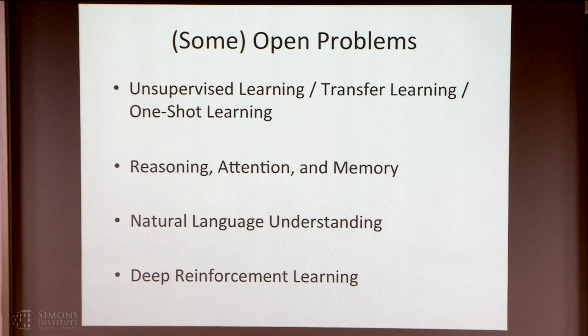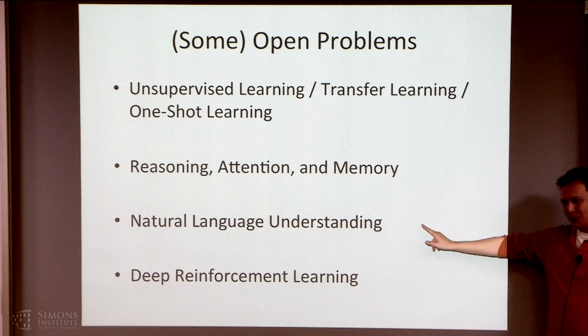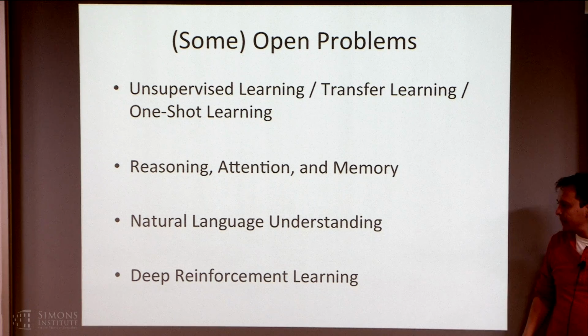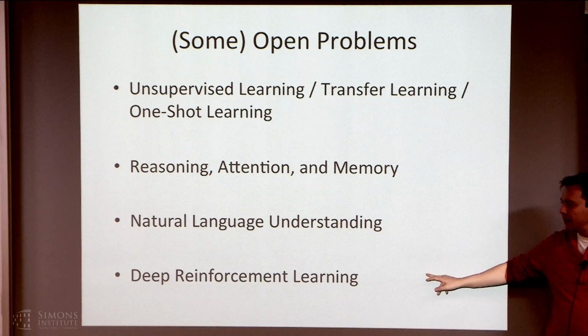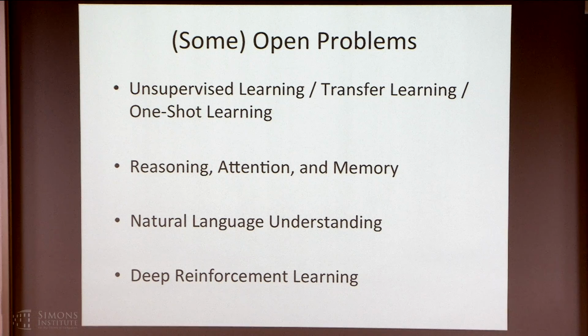Language understanding is another big area. I think that's actually one of the most interesting ones to crack. And there is also some work in deep reinforcement learning. It seems like we're basically taking what was done 20 years ago in the RL space and reviving it right now.